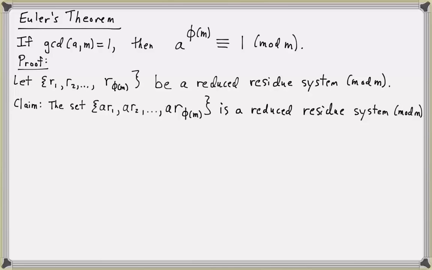So let's prove this claim. We need to show that each of these aR's are relatively prime to m and they're mutually incongruent. So let's look at the proof of the claim.